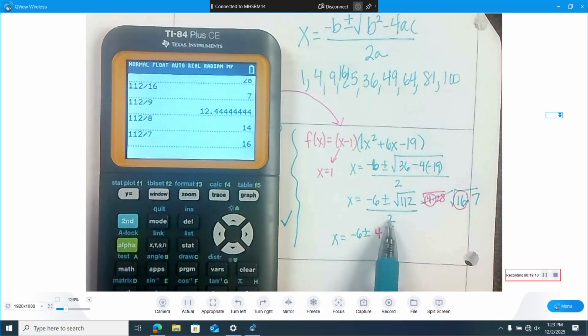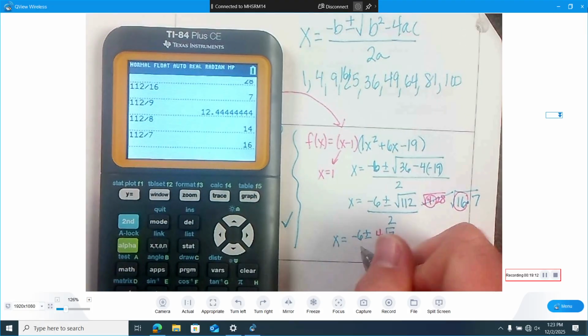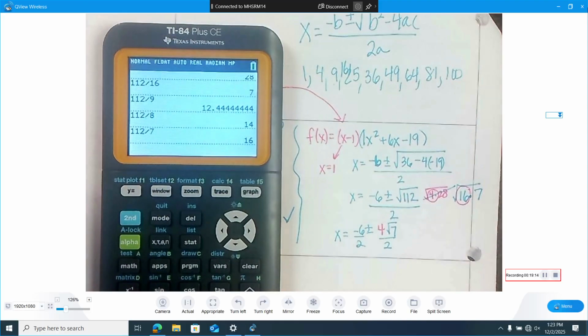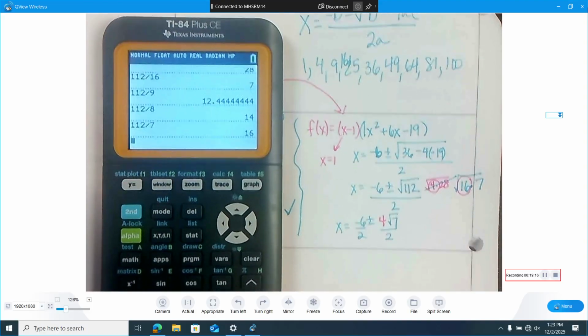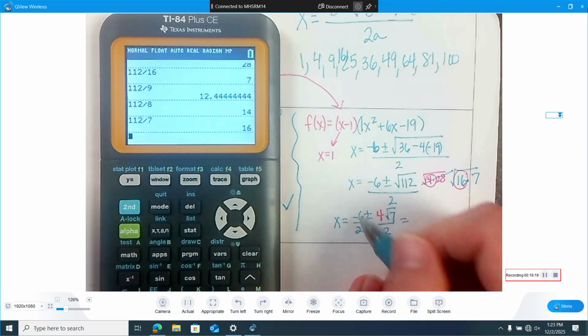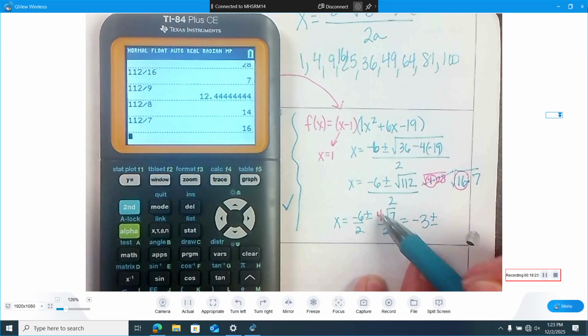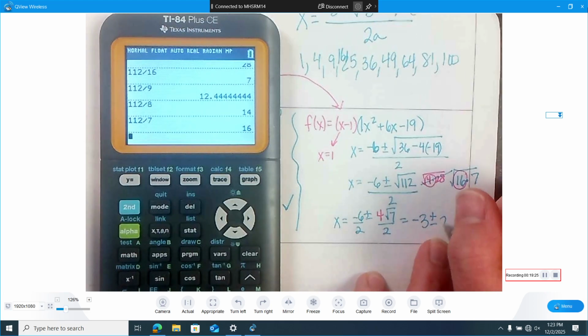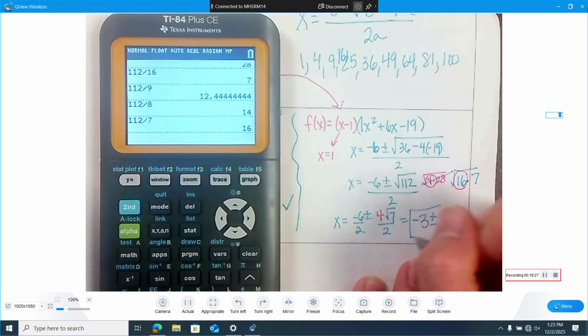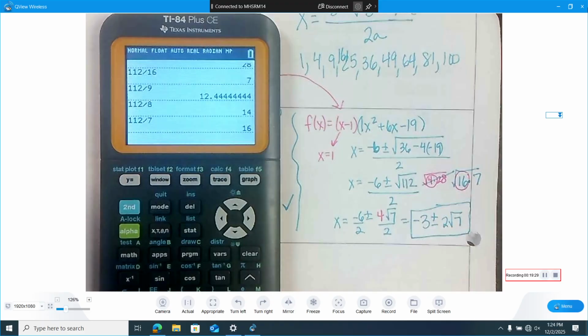And that 2 is dividing each term. So I like to split it up just to make sure I reduce it correctly. All right, negative 6 divided by 2 is negative 3. And here, what's 4 divided by 2? 2. So we get 2 radical 7. So there are our 2 irrational answers.